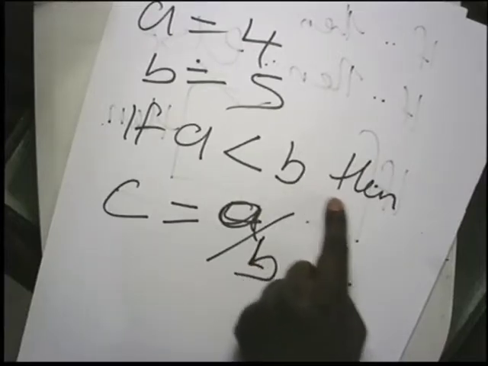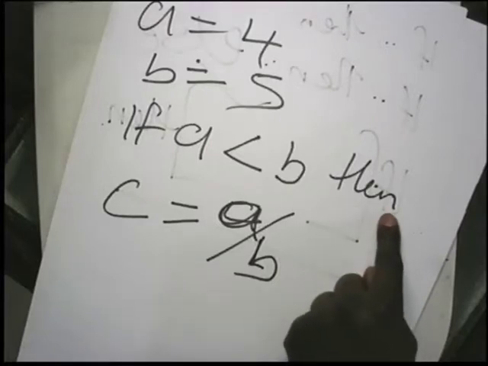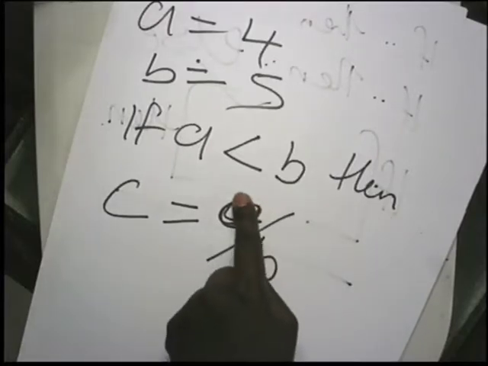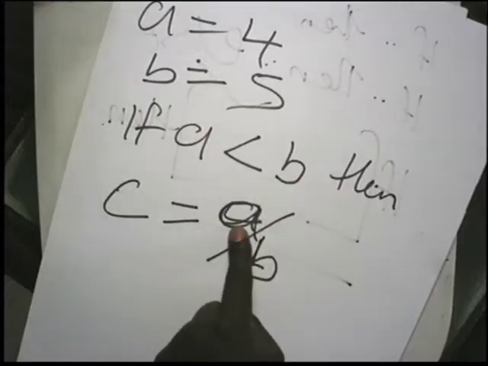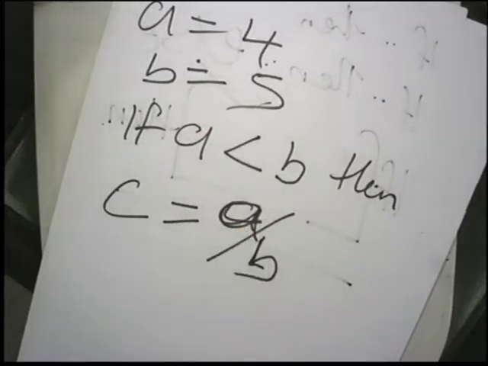Because it is true, the computer will use 4, the value of A, to divide by 5, the value of B. But if this statement is not correct, then the computer will ignore this. So you use the if-then statement to make a decision whenever you come to such an area.